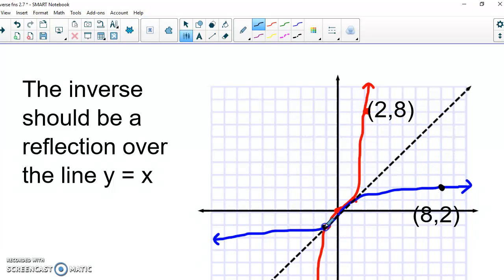You'll notice this is the point -1, -1. But that's fine because when I swap the x and y, since they're both the same number, I get the same point. And so you'll see sometimes the inverse functions cross over each other. Okay? 0, 0, same thing happens. 1, 1, same thing happens. Okay, out here you'll notice I've got the point -2, -8, and so I've got -8, -2 down here. But I've just got x, y values that are swapped.